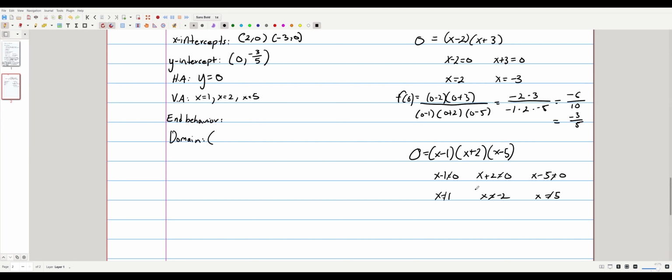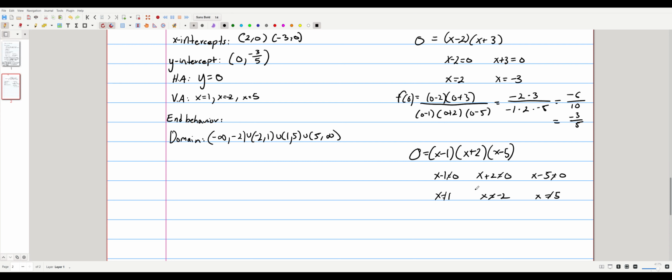So we can't use 1, negative 2, or 5. And so our domain is going to look like negative infinity all the way to negative 2, union negative 2 to 1, union 1 to 5, union 5 to infinity, right? And so that's what the domain of our rational function looks like.